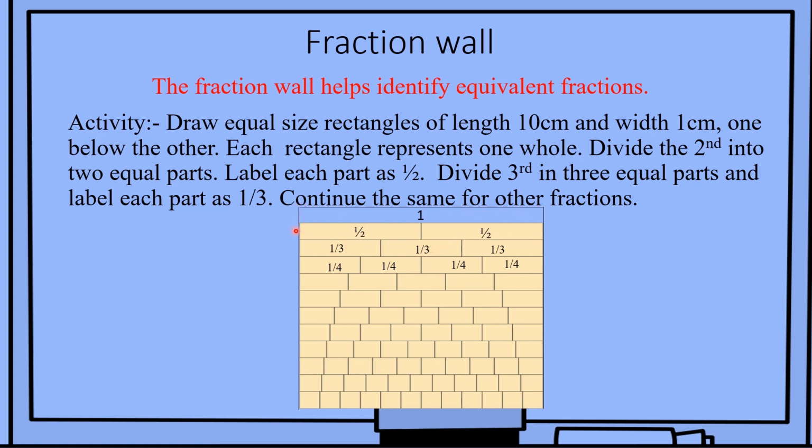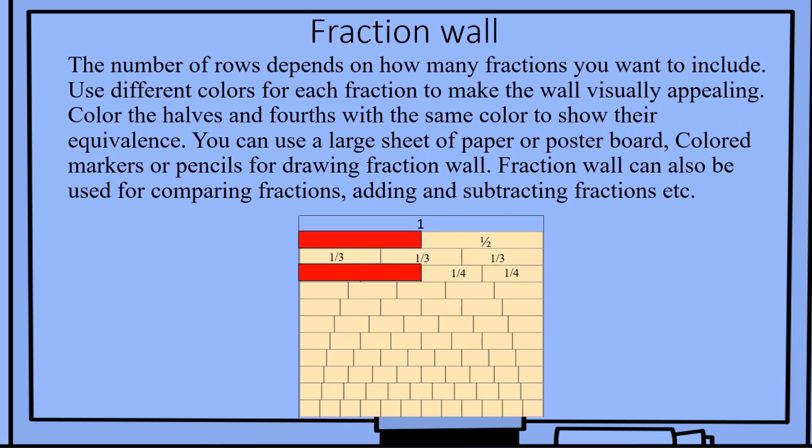Now the second one you divide into two equal parts and label each part as 1 by 2. Divide the third one into three equal parts and label each part as 1 by 3. Now you can continue the same for other fractions. The number of rows depends on how many fractions you want to include. Use different colors for each fraction to make the wall visually appealing.